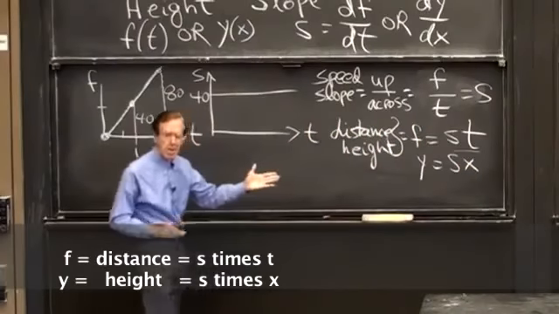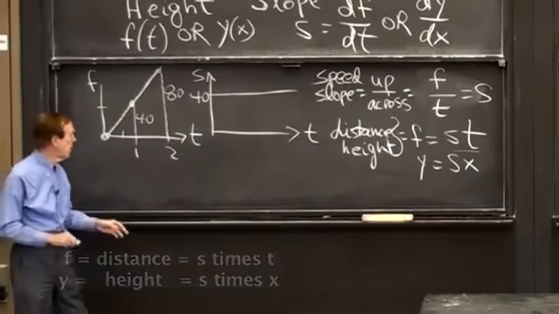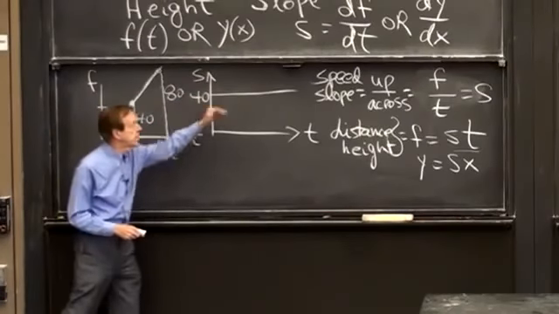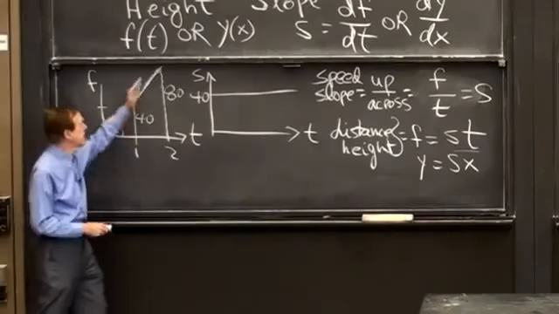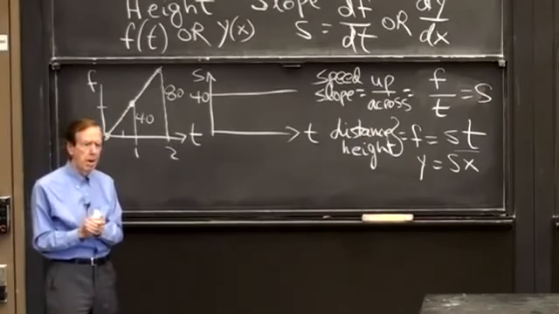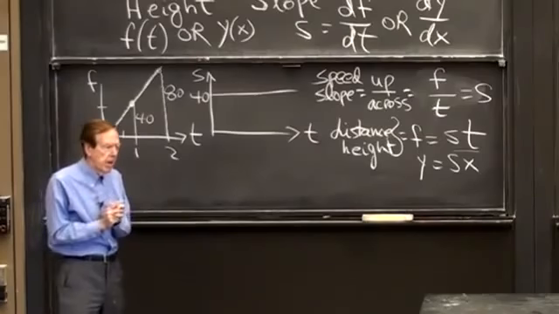The same idea with my y and x letters. It's that line. In other words, if that one is constant, this one is a straight line. Okay, straightforward, but very, very fundamental.